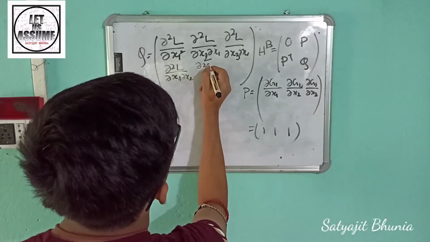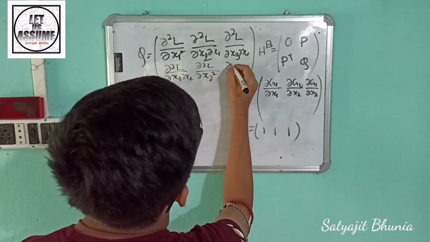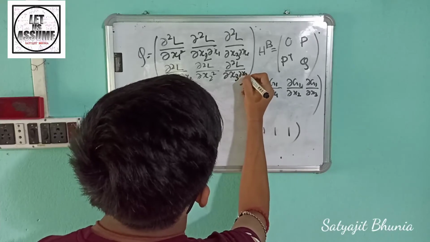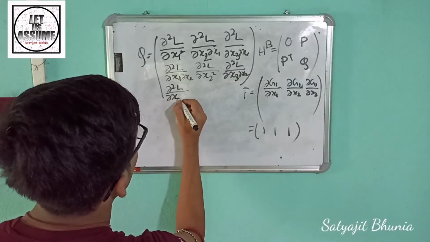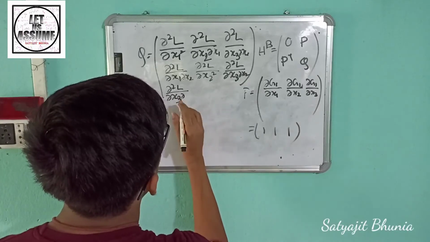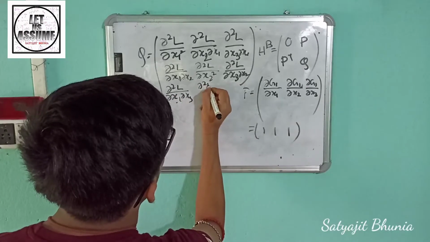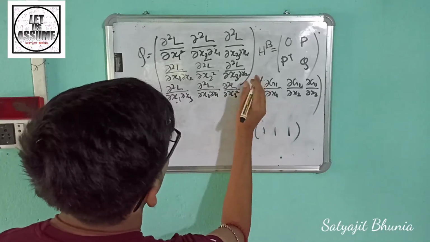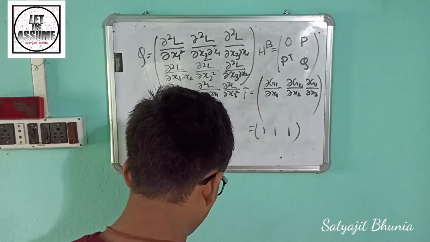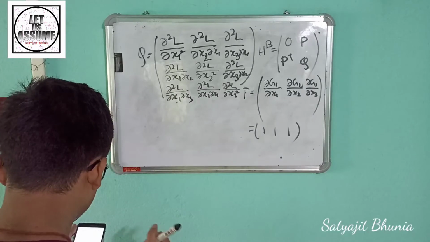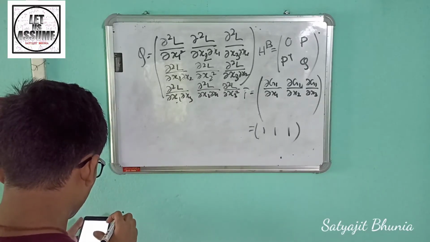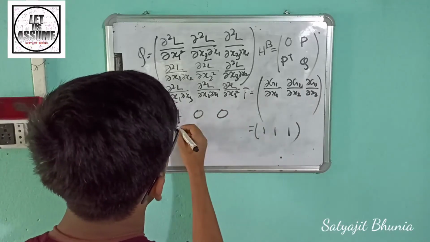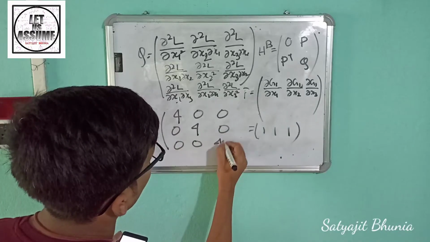The second derivatives are del 2L del x1 squared, x1 x2, x2 squared, x3 del x2, similarly del L del x3, del x1 del x3, del x2 del x3 and del 2L del x3 squared. Then the values will be 4, that will give 0 0 4 0 0 0 4.